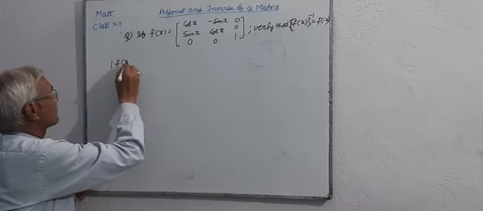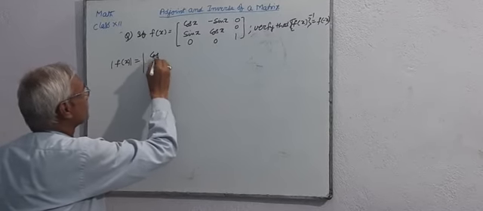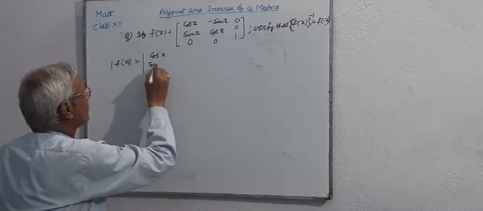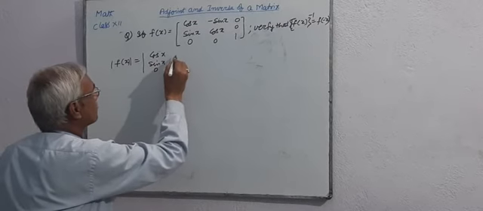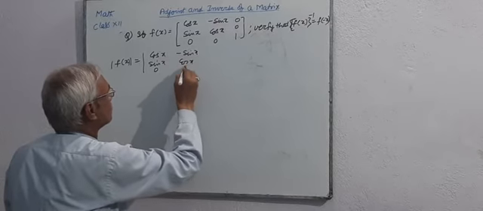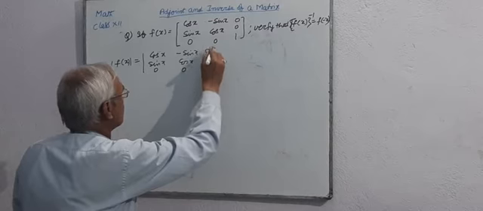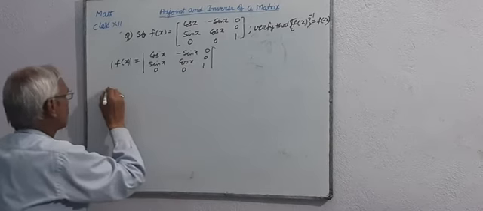Determinant of f(x) equal to cos x, minus sin x, 0; sin x, cos x, 0; 0, 0, 1, expanding along the third column.